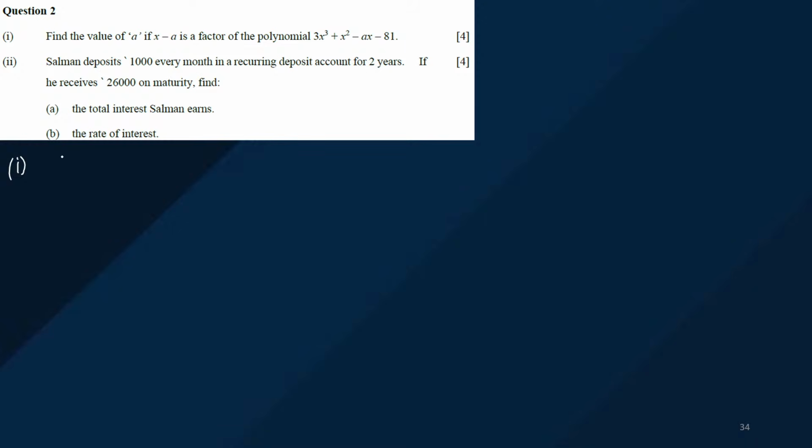Steps are very important, children. So f of x is equal to 3x cube plus x square minus ax minus 81. This is the polynomial given.